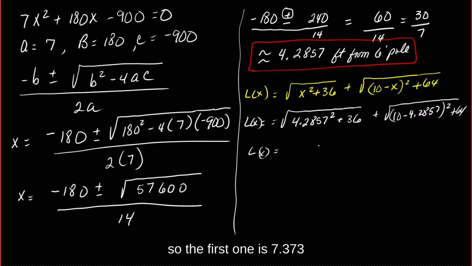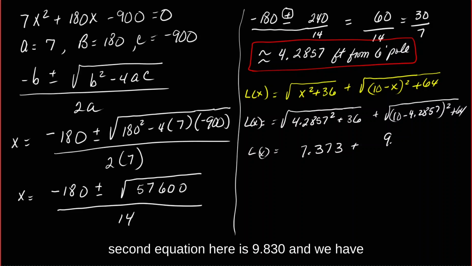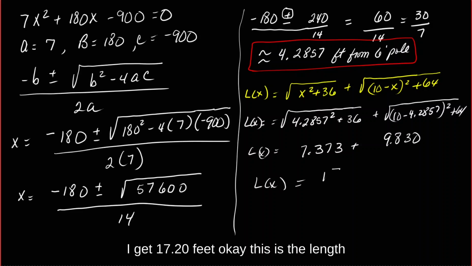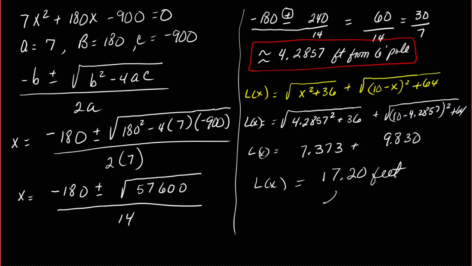The first one is 7.373 and the second is 9.830. Adding them together, I get 17.20 feet. This is the length of rope.